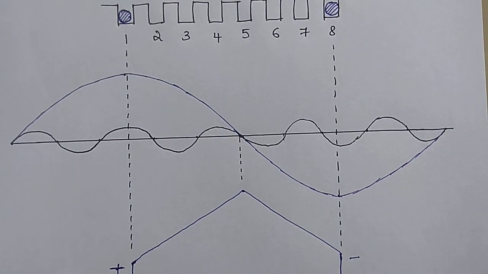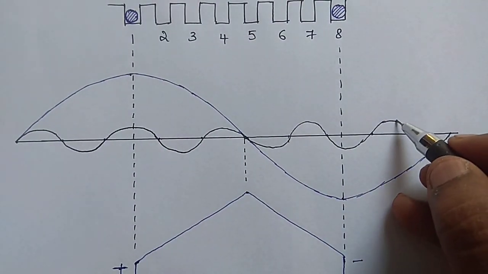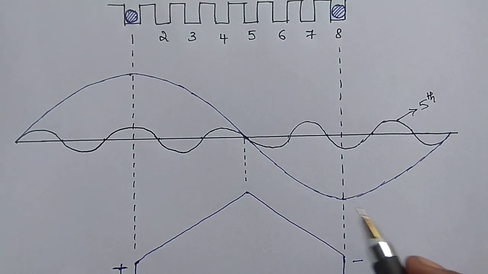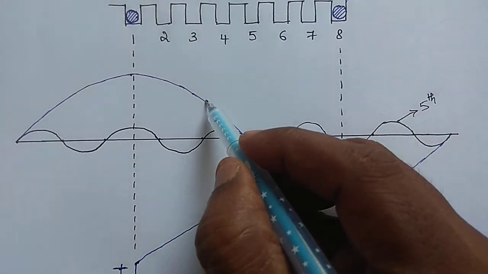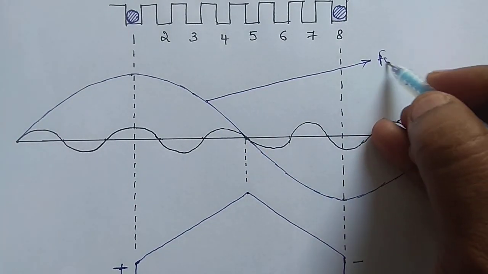Now it completes 5 cycles. This is the fundamental, and this is the fifth order harmonic.